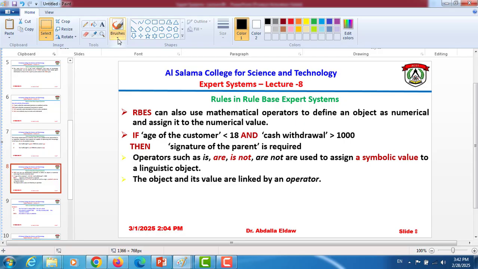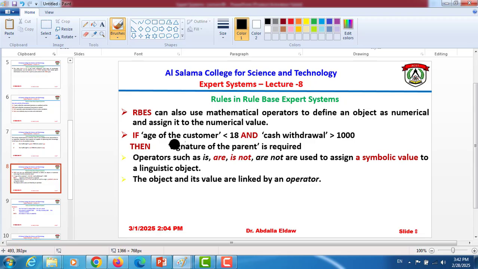Here we can see: if the age of the customer is less than 18 and cash withdrawal is greater than 1,000, then the signature of the parent is required.